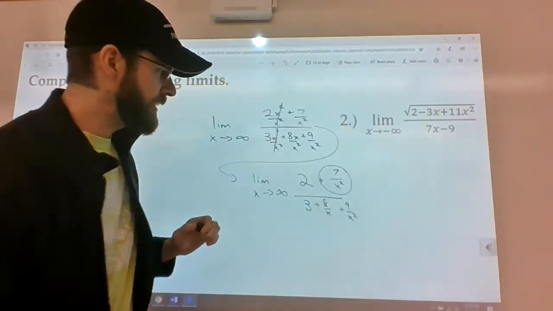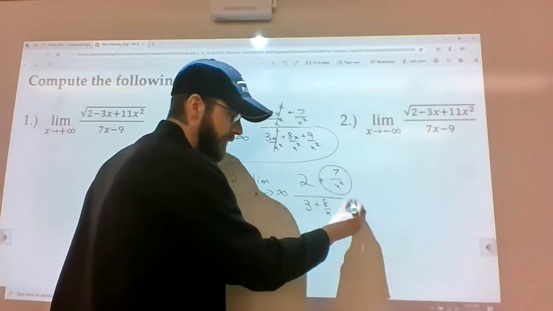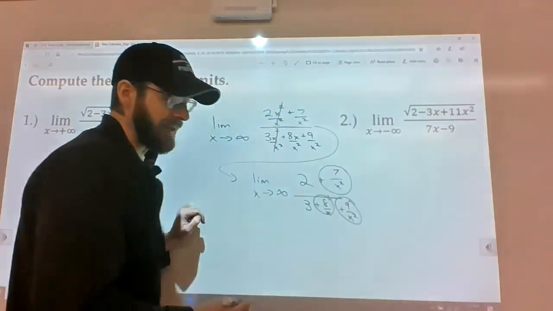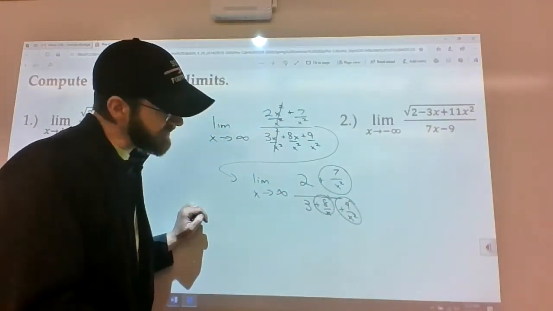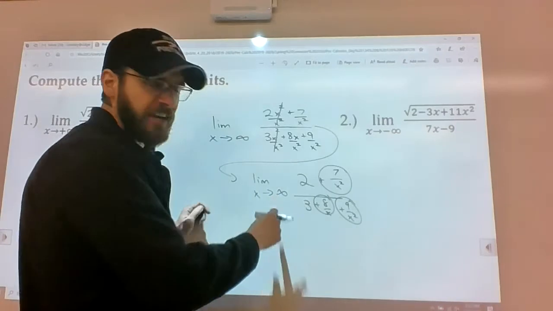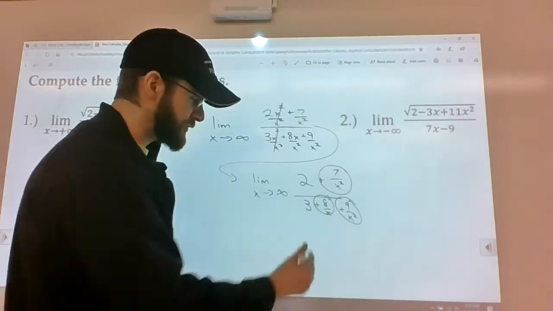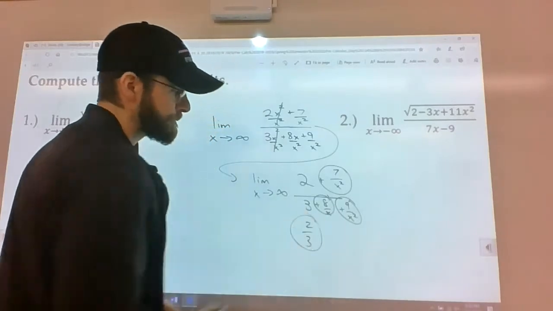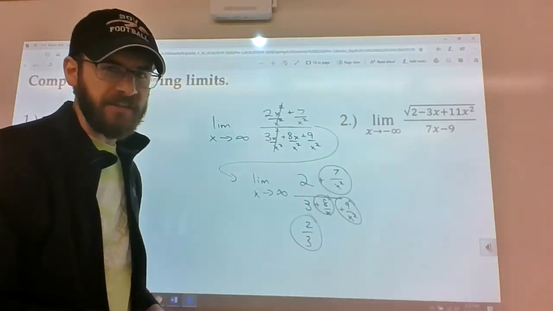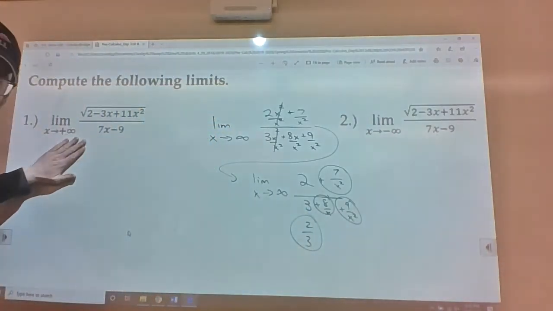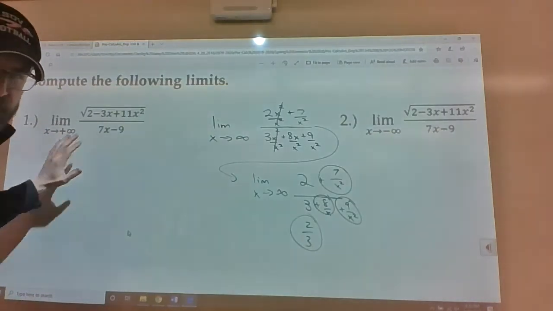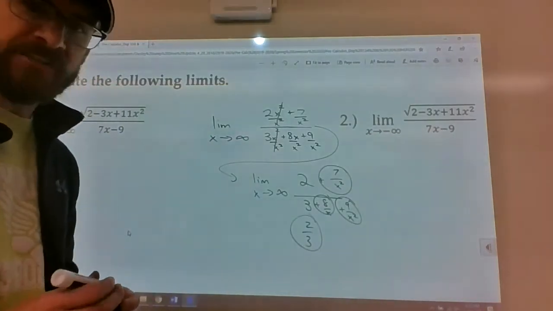It's 0. So it zeroes out this part, and this part, leaving you with just the constants. The limit as x approaches infinity of 2/3 is just 2/3. So the answer was 2/3. We're going to do something similar to work through expressions that have square roots on them. So let's get to it.